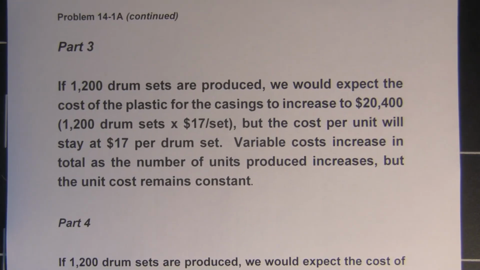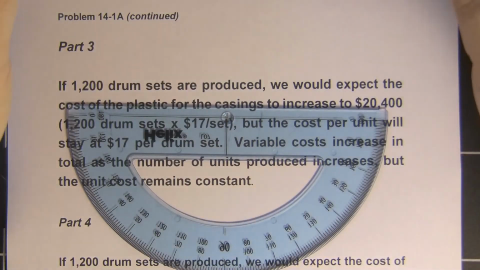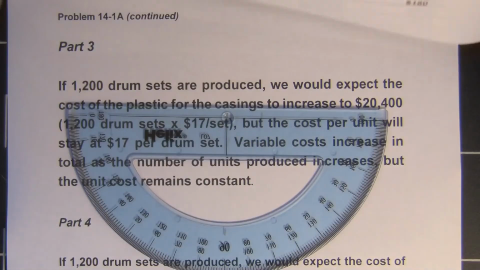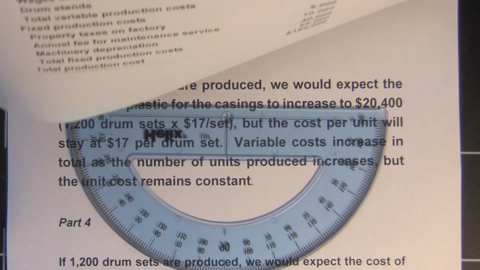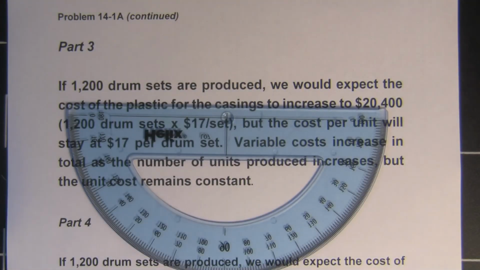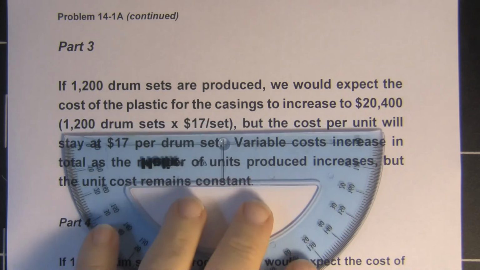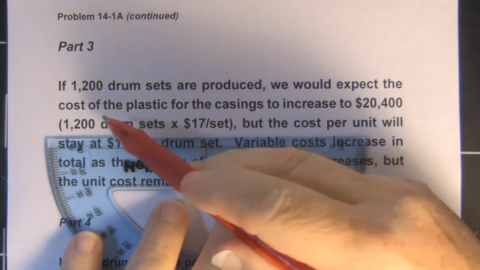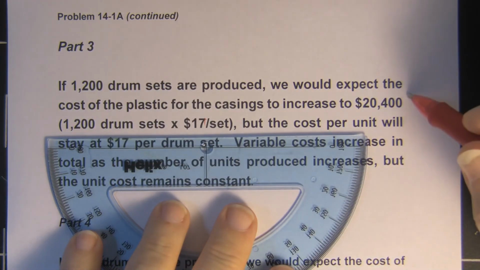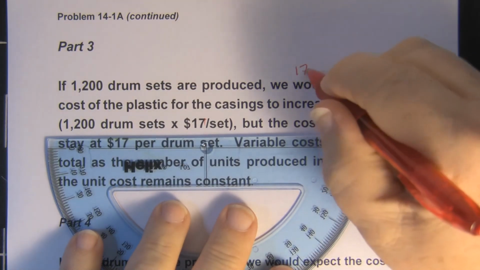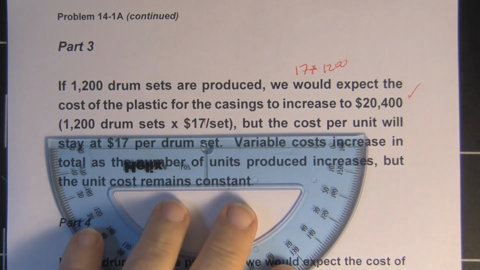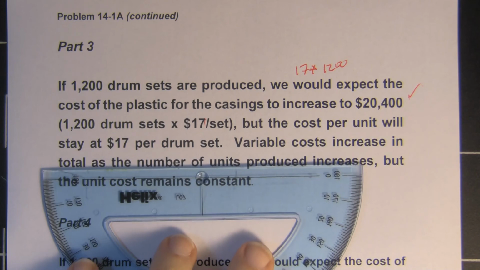They're asking us to consider a couple of questions. They want to know, if more drums are produced, are we going to spend more money? Well, duh. We would expect to spend more. If it's $17 per drum, and we make an additional 1,200 drums, 17 times 1,200, $20,400.